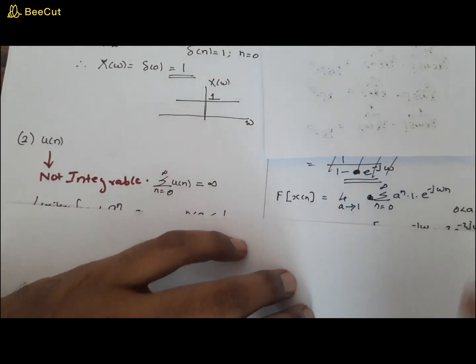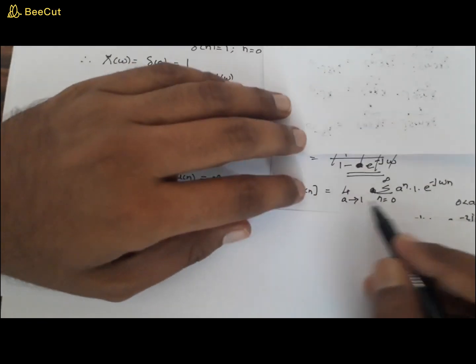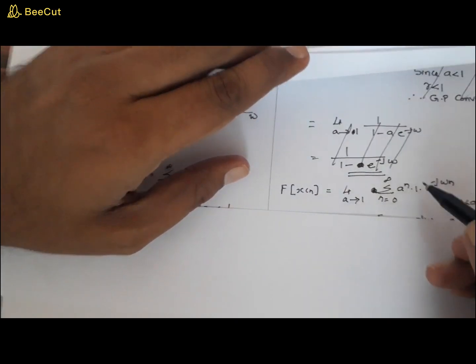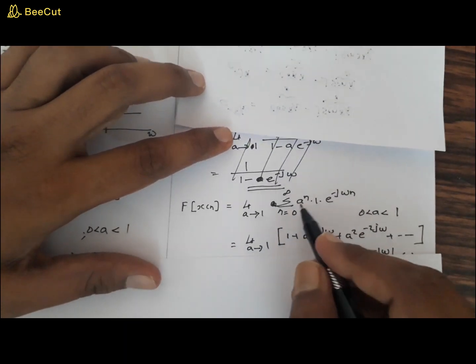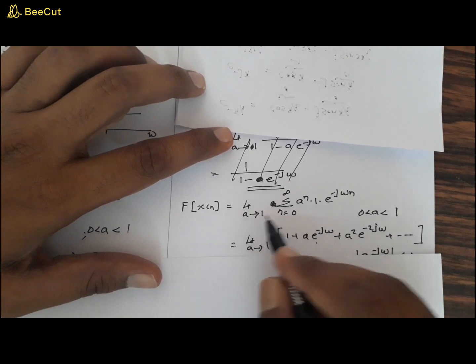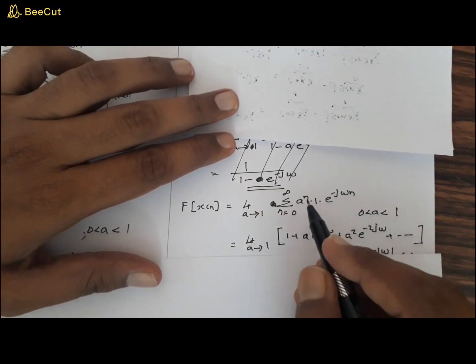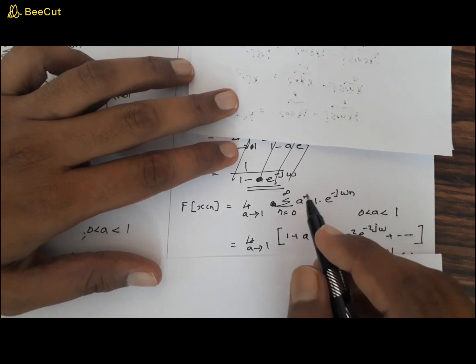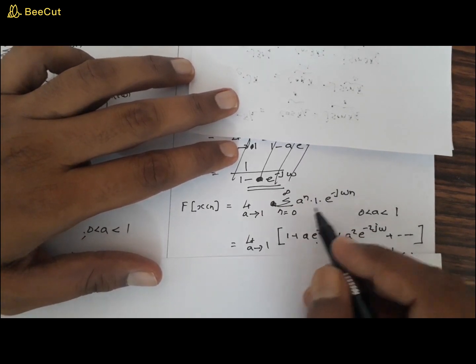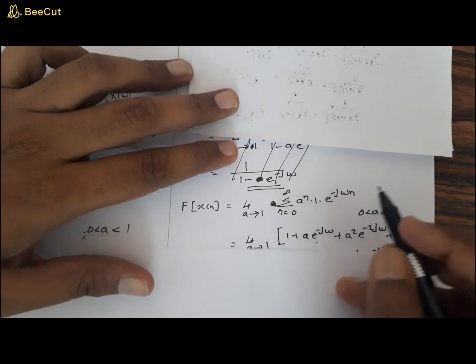So you can simply write the expression: you are multiplying u of n by a raised to n as a tends to 1. You are multiplying this u of n by a limiting function so as to make it an integrable function, multiplied by e raised to minus j omega n.